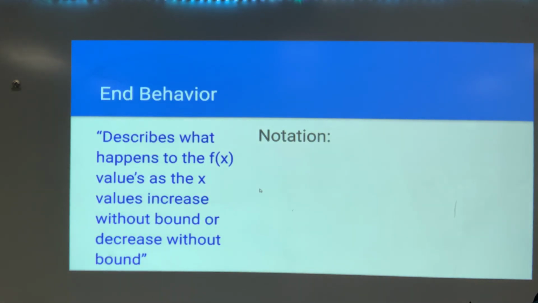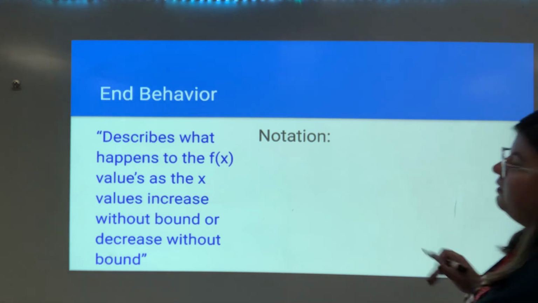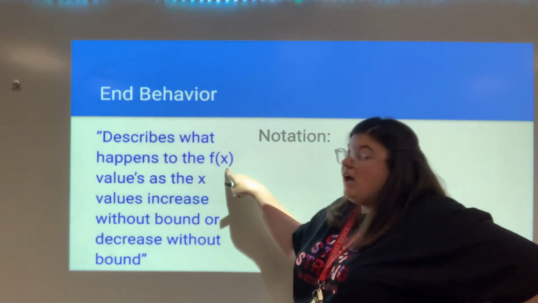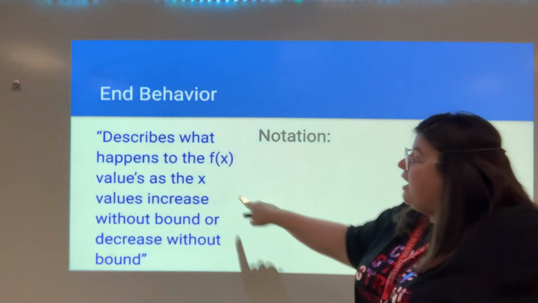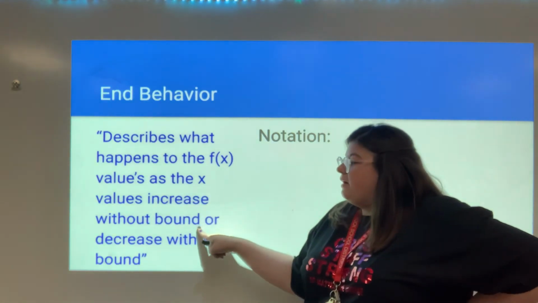Okay, so end behavior describes what happens to the f of x values as the x values increase without bound or decrease without bound. Wow, that is a lot. Basically, let's kind of pick this apart. What happens to f of x? What's happening to my y values as the x increases without bound?